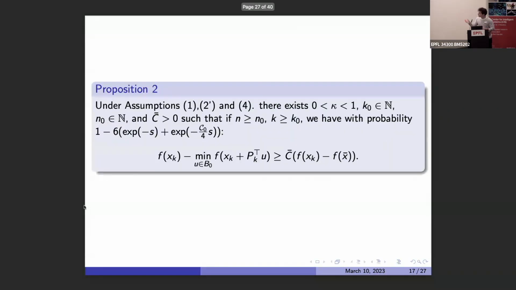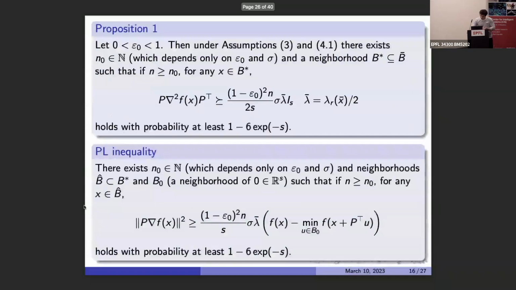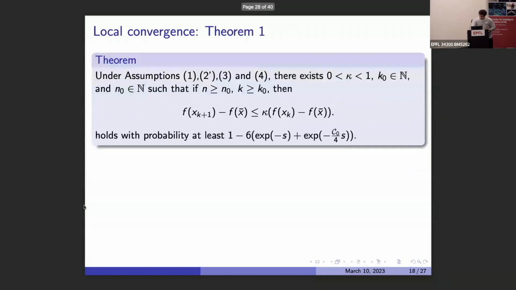And then once you have this and the PL inequality, you just copy the usual proof for local convergence, and you get this result saying that the convergence is locally linear, where kappa is some constant between 0 and 1.